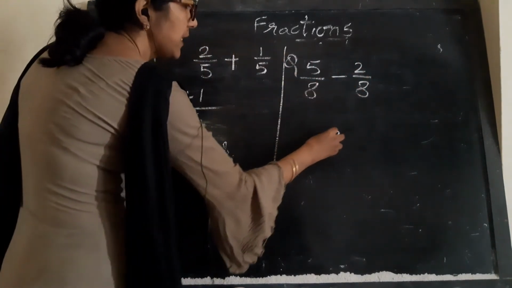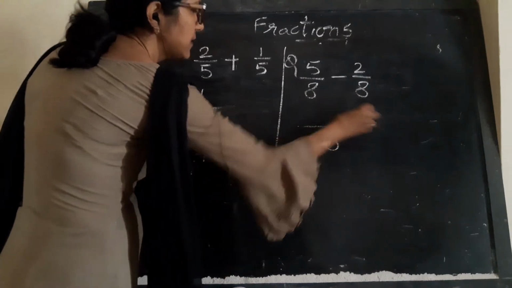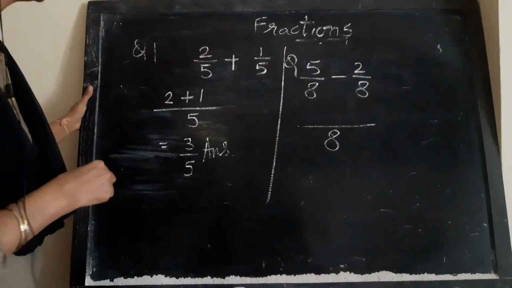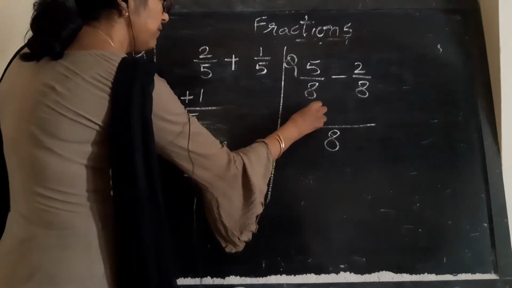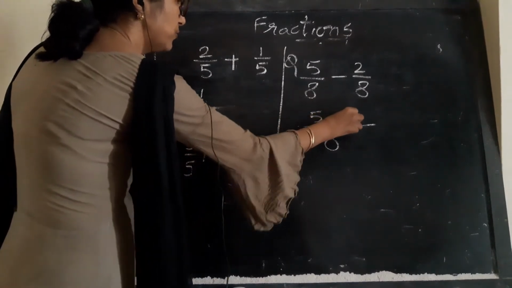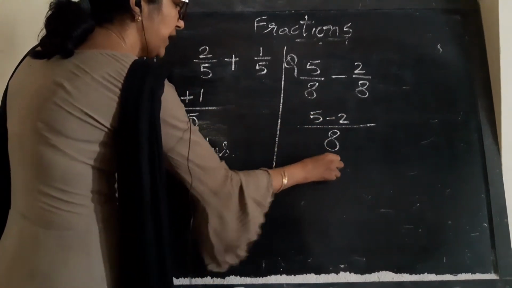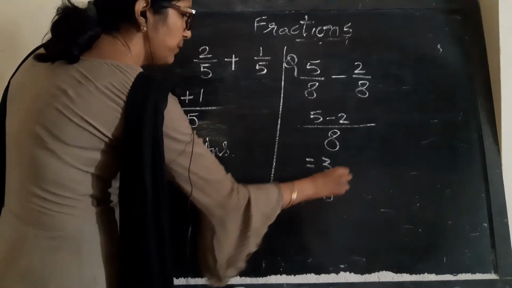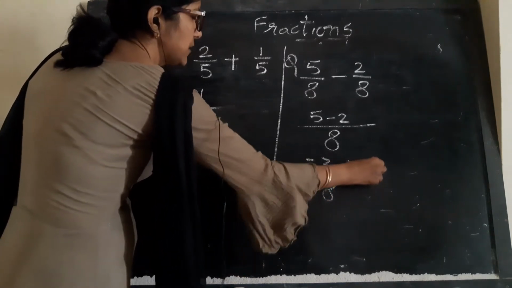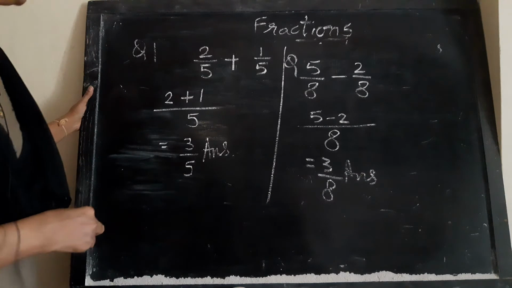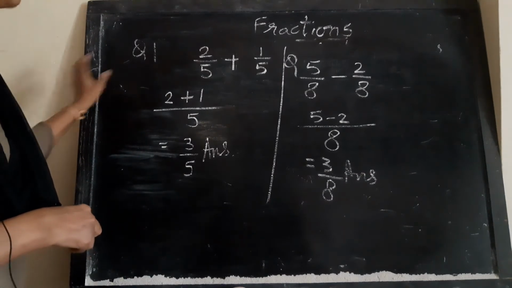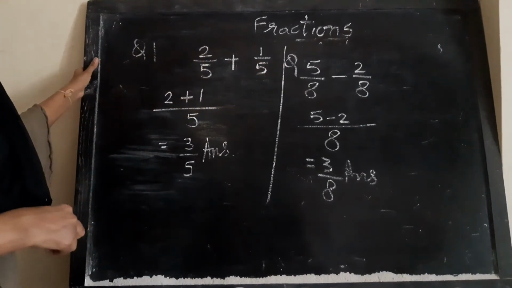So copy down this 8 once, drag the line long enough to copy down the numerators. 5 minus 2. 5 minus 2 is 3 upon 8, which will be the final answer. So this is how you can add or subtract fractions having the same denominator.